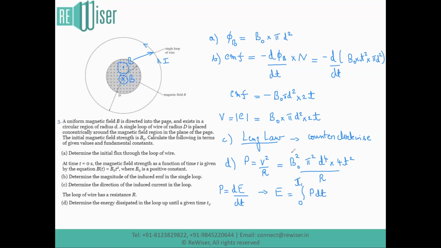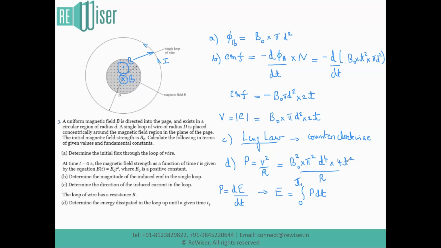We know the power equation is given by B naught square into pi square d power 4 into 4T square over R. Here, B naught square, pi square, d power 4 and R are constants which come outside the expression. 4 also comes outside.